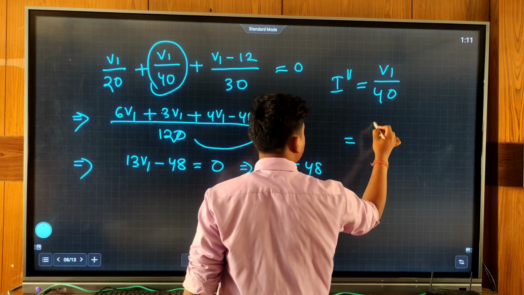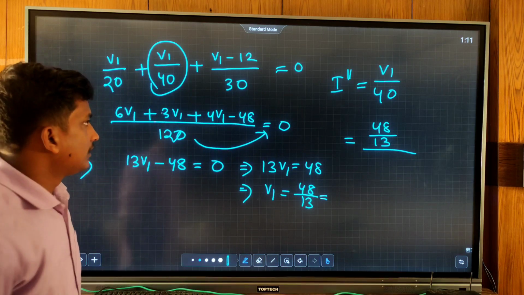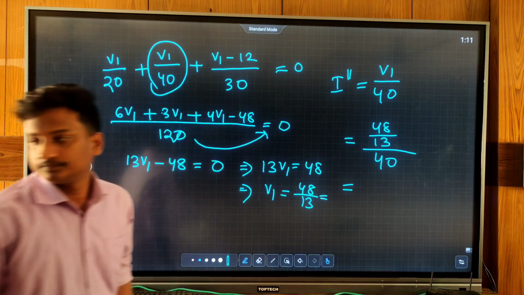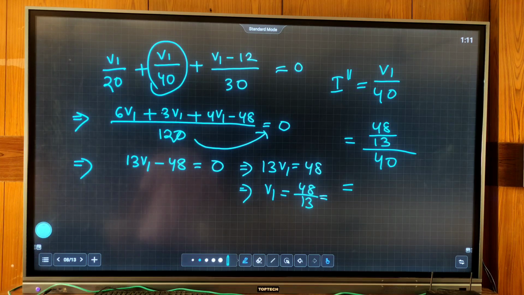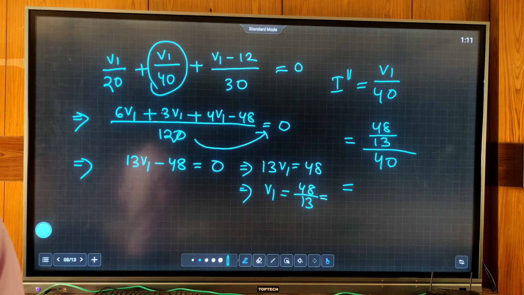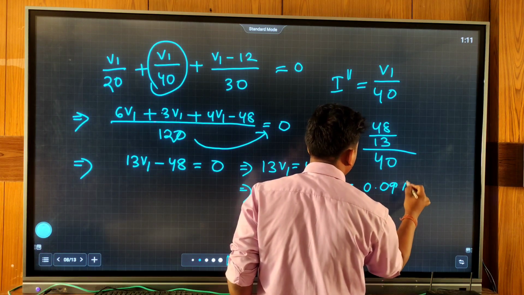So V1 is here 48 by 13, divided by 40, which is equal to 0.09 ampere.